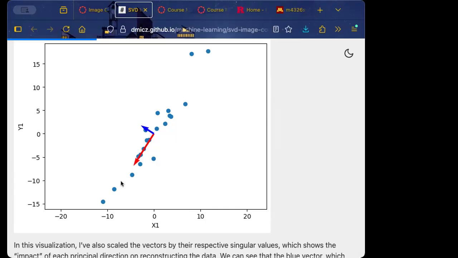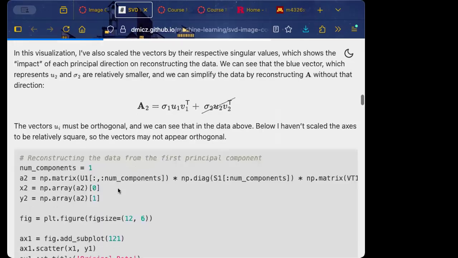Independent of that, since this is the largest singular eigenvalue, you can think about doing a projection: you project the data points onto the line determined by that eigenvector, which is what they're explaining here. Imagine ignoring the second component, the second singular eigenvalue.